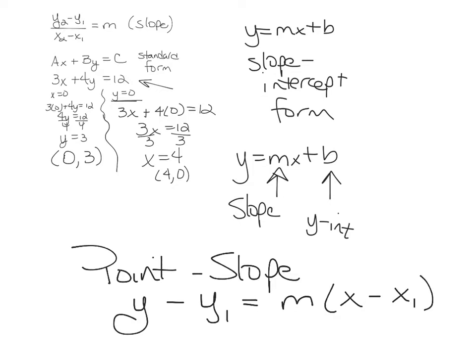At this point, we're going to start learning some formulas that you're going to need to remember. These formulas are going to be very important for you throughout your math courses here. This is the point slope form of a linear equation, and this is what we're going to focus on today. Everybody good? Anybody need this slide still? All right, let's get into the lesson. You need it? Yeah. Okay.